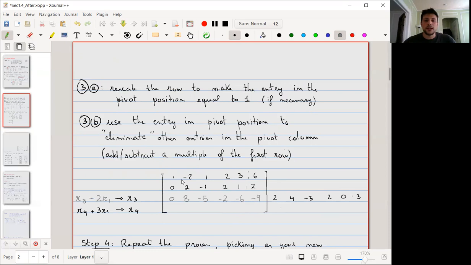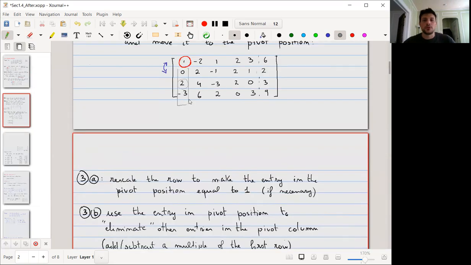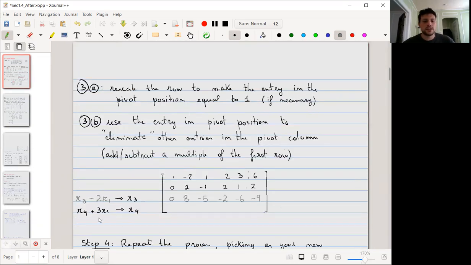I will do the same thing with the fourth row. The fourth row has a negative 3 here, which means that if I take 3 times the first row and add it to the fourth, I will get a 0 at that entry. And that's exactly what I want.